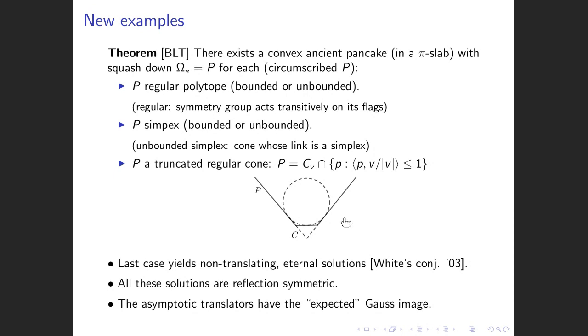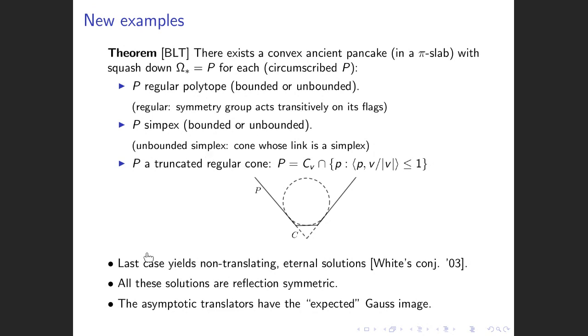Because this gives an example of a non-translating eternal solution. Eternal is a solution that lives for all time in the future as well. And it was a conjecture of Brian White since 2003, who claimed that any eternal solution has to be a translator. So this shows that this is not the case.